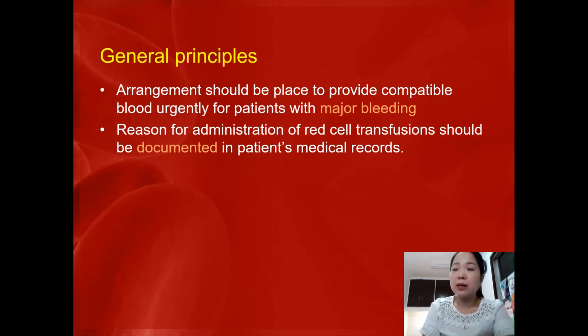Most blood banks have this massive transfusion protocol where they immediately release blood components in a patient with major bleeding. And again, it's very important that you always record or document a patient undergoing red cell transfusion or any blood component transfusions.